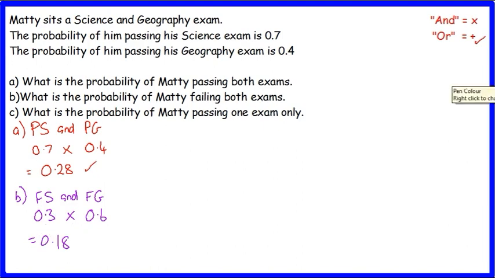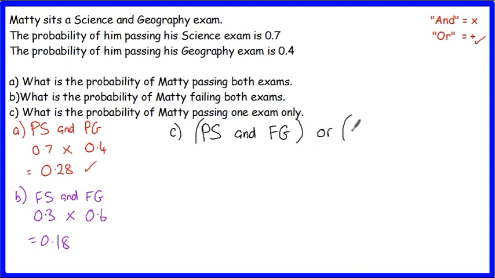Okay. What is the probability of Matthew passing exactly one exam? So this is going to be him passing science and failing geography, or failing science and passing geography. They are the options. So let's put some maths underneath this.